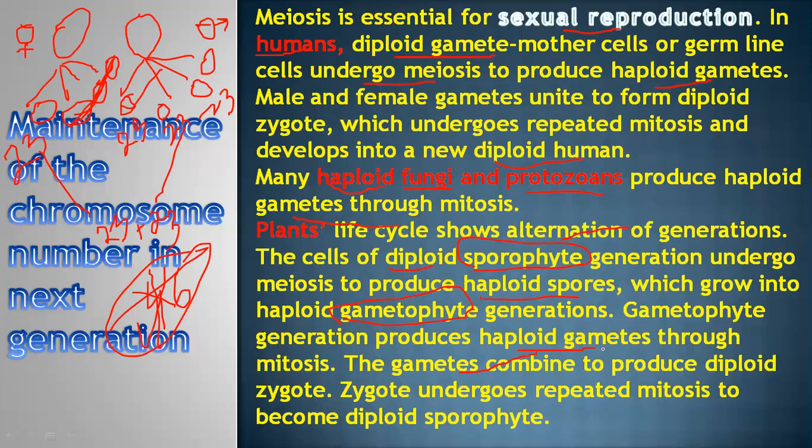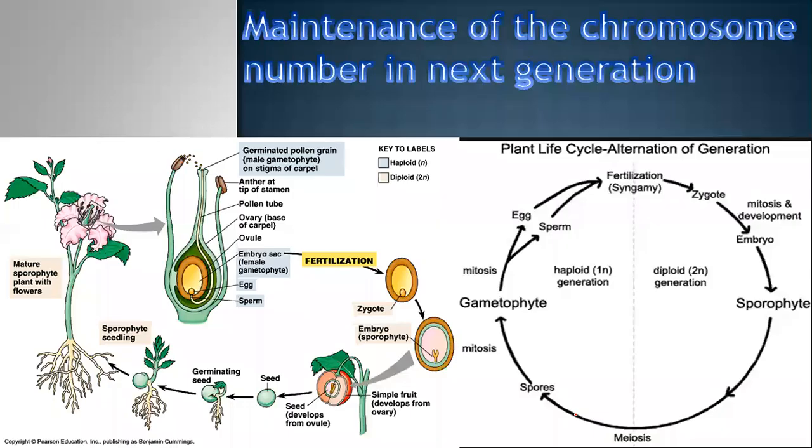The ovary produces ovules, and the stamen produces pollen grains, which are parts of the flower, to produce diploid zygotes. When male and female gametes unite, they form diploid zygotes. The zygote undergoes repeated mitotic divisions and becomes the sporophyte.